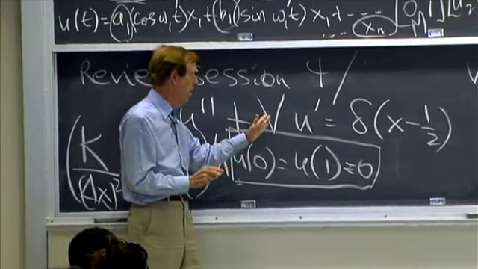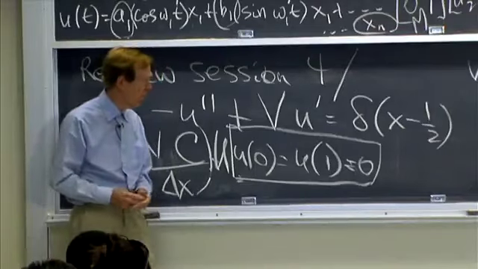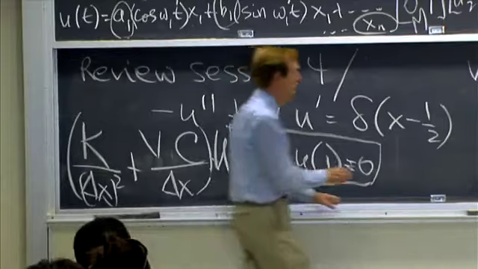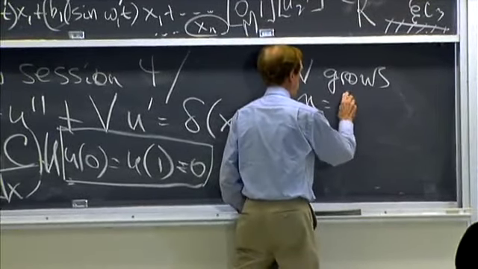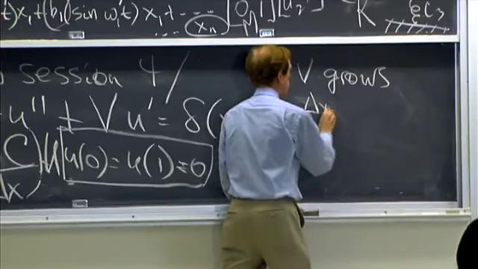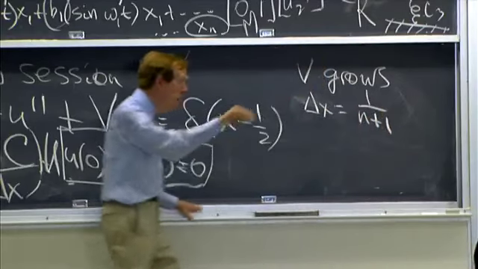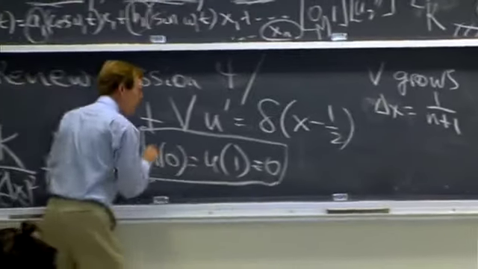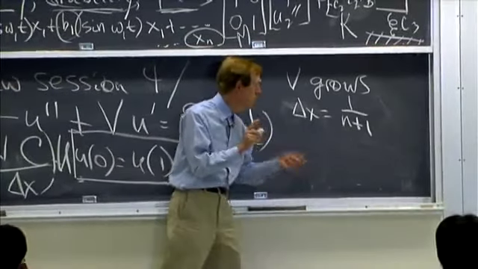The v measures the importance of the convection, the velocity of the fluid. And n is related to delta x, maybe 1 over n plus 1, so that we would have n interior points, and we know the boundary values.